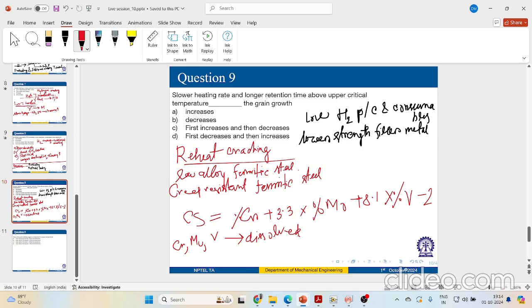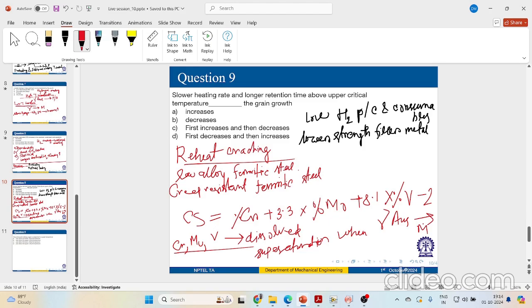And when you are doing rapid cooling, they cannot reprecipitate because they are not getting time to reprecipitate. And because they do not reprecipitate, there will be supersaturation of those alloying elements when gamma austenite transforms to martensite.